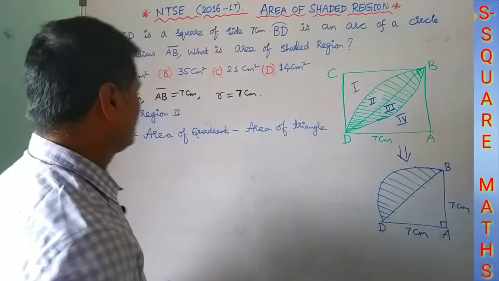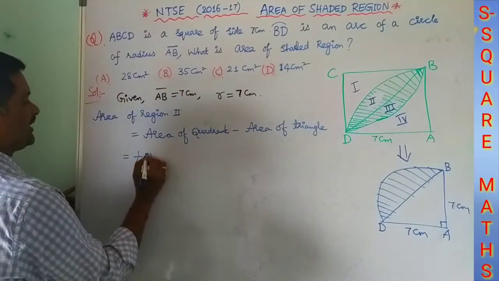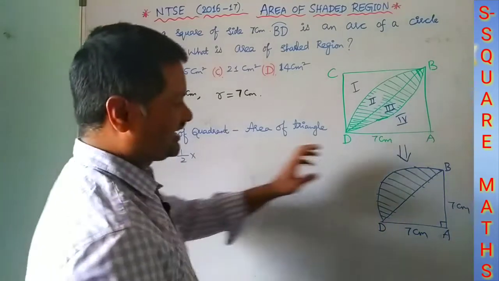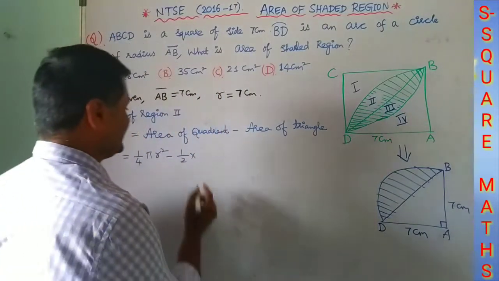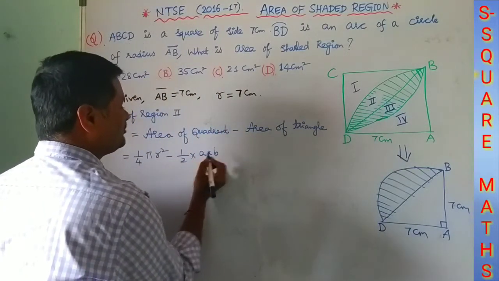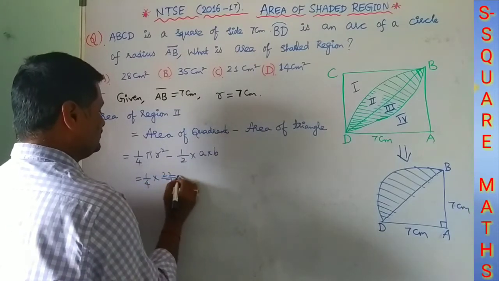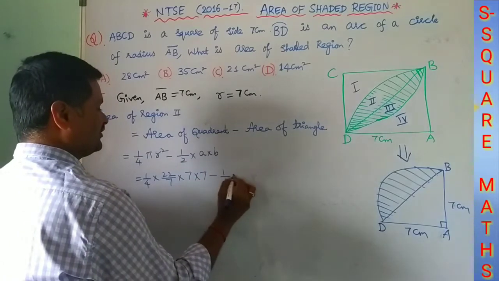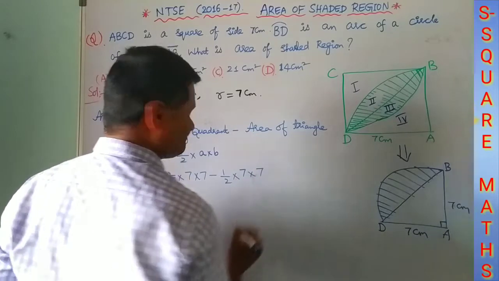Now the area of the quadrant is 1/4 pi r square, minus half into, since it is a right angle triangle, half into the product of the perpendiculars is the area. So half into A into B. So 1/4 into 22/7 into the radius 7, so r square is 7 into 7, minus 1/2 into 7 into 7.